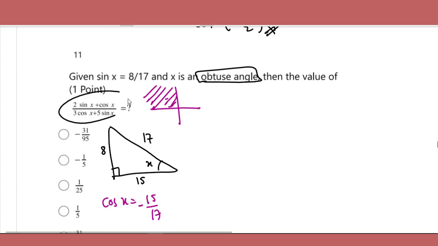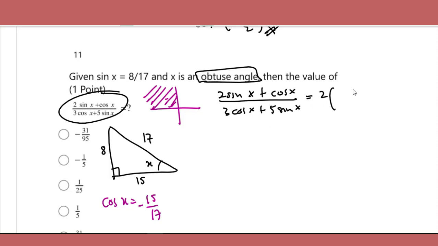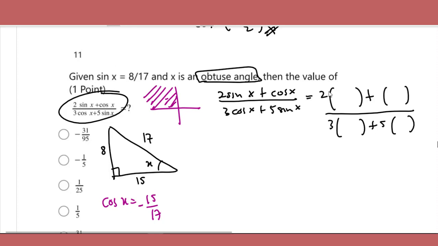Then, okay, continue. 2 sin x plus cos x over 3 cos x plus 5 sin x. Substitute the values: sin x is equal to 8 over 17, cos x is equal to negative 15 over 17.